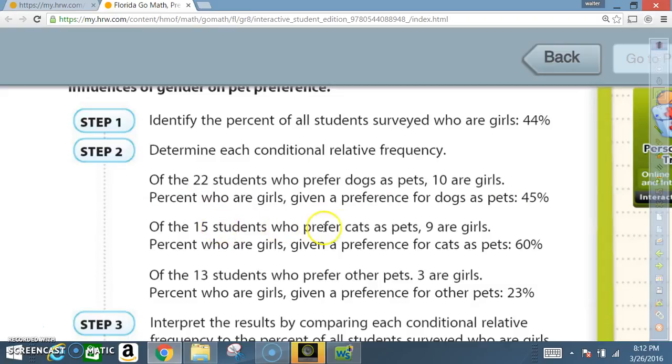Of the 15 students who prefer cats as pets, 9 are girls. So percent who are girls, given a preference for cats, would be 60%. Of the 13 students who prefer other pets, 3 are girls. Percent who are girls, given a preference for other pets, would be 23%.